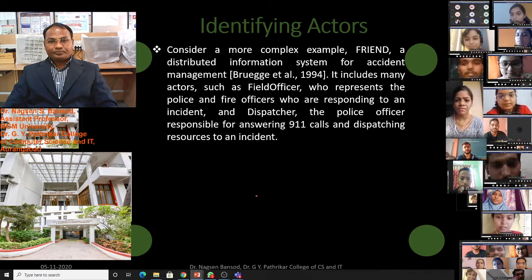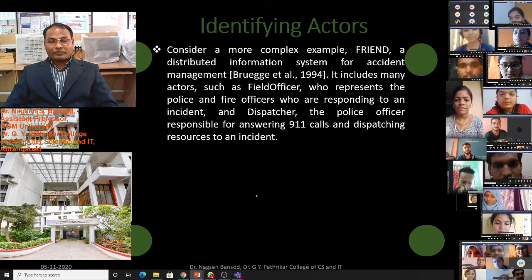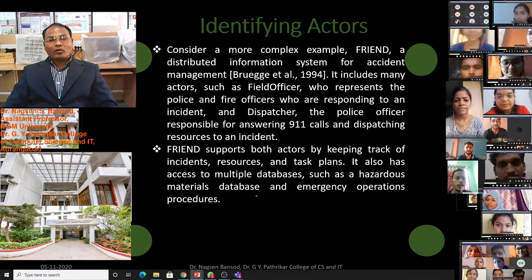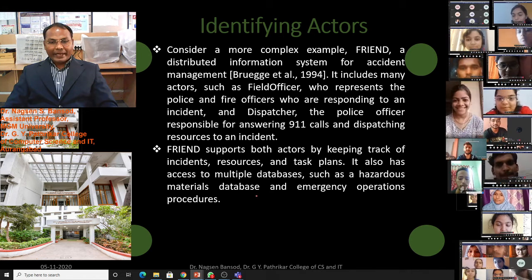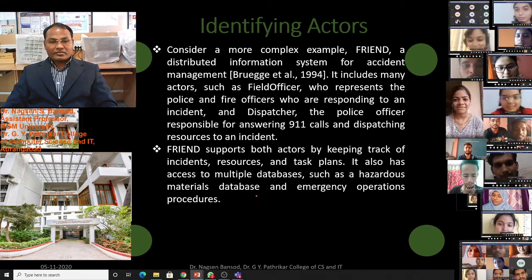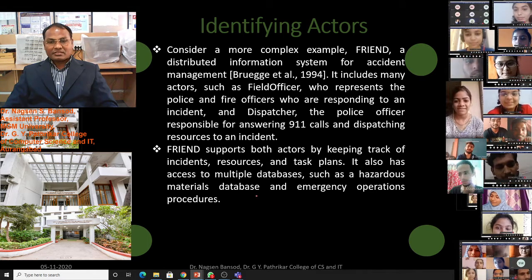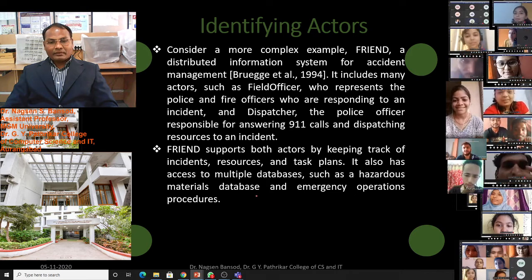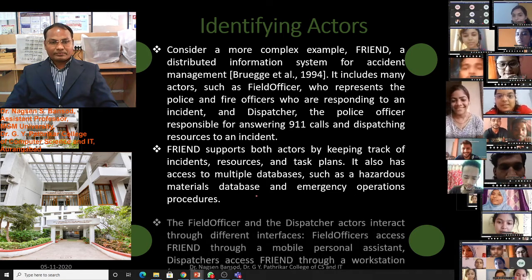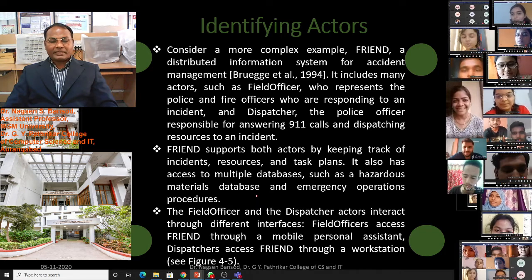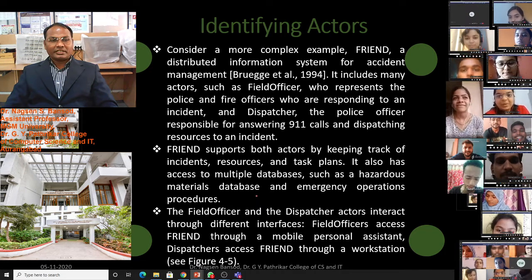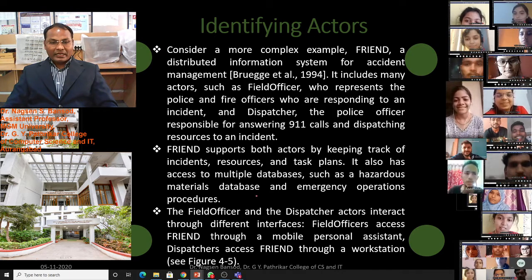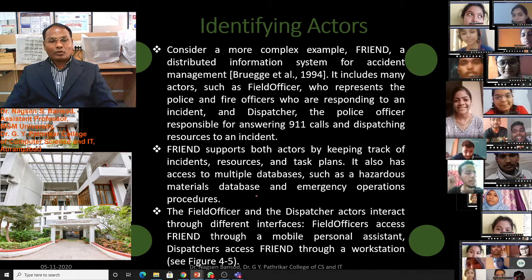All these are the actors in this example. FRIEND supports both actors by keeping track of the incident, resources and task plan. It also has access to multiple databases such as a hazardous material database and emergency operations procedures. The field officer and dispatcher actors interact through different interfaces. The field officer accesses FRIEND through a mobile personal assistant and the dispatcher accesses FRIEND through a workstation.